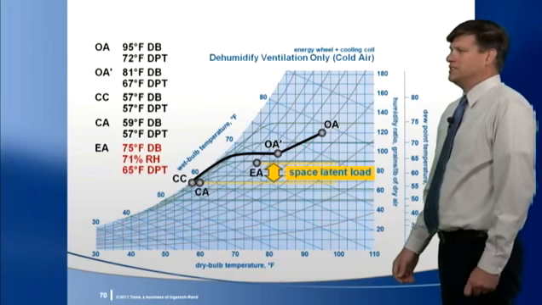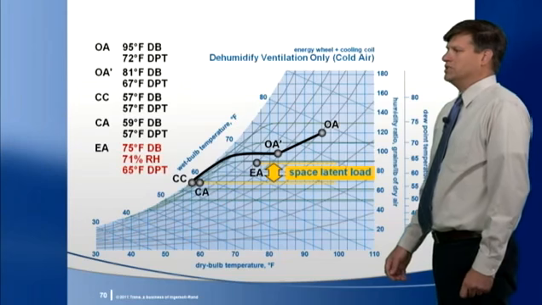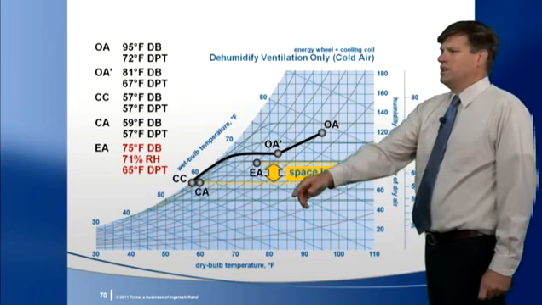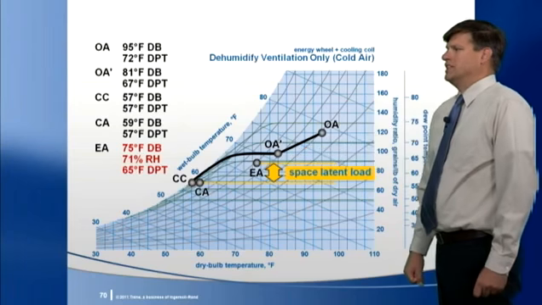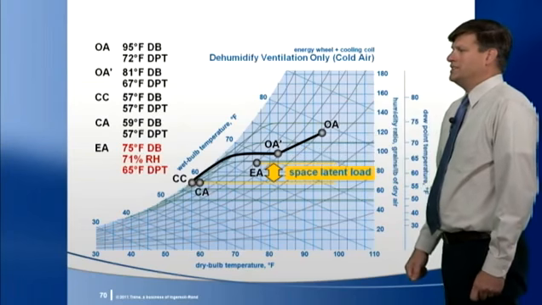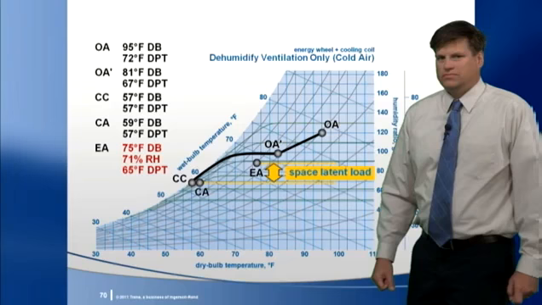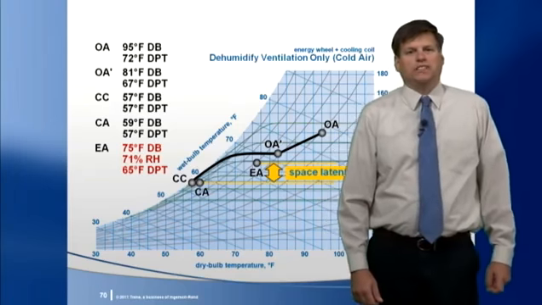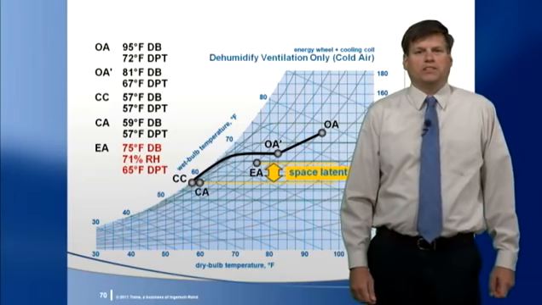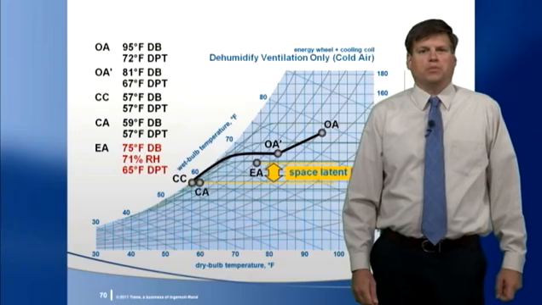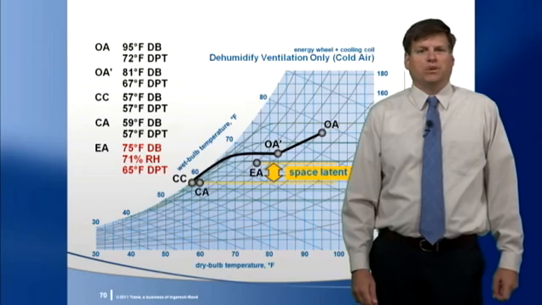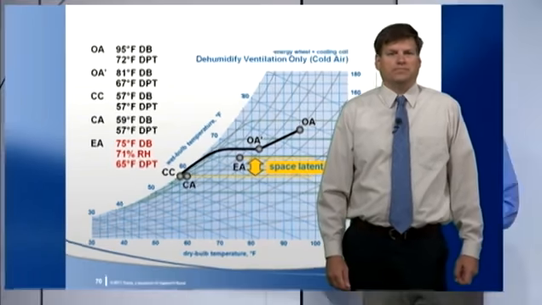If there is no space-sensible cooling load in the space, the local equipment will not be removing any moisture, and the resulting relative humidity will be 71%. This might be the case at part load conditions. At design conditions, the space equipment will likely remove some of the latent load, so the space relative humidity will be between 55 and 71% when cooling is needed.